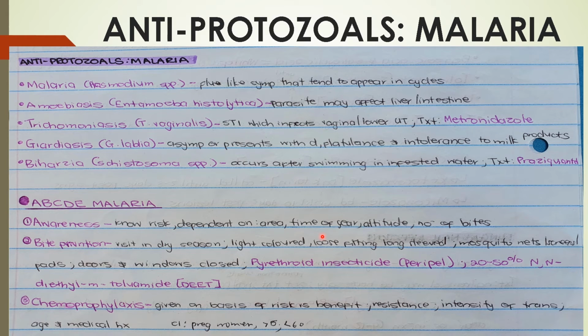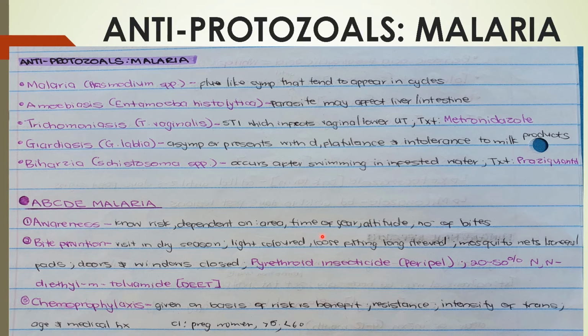And then the next thing is bite prevention. Obviously, you try to avoid visiting malaria infested areas in the wet season because mosquitoes are more prevalent in wet areas. And then you need to wear light colored, loose fitting, long sleeved clothes and use mosquito nets and insect repellents, etc., keeping your doors and your windows closed.